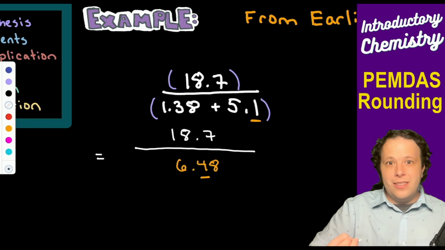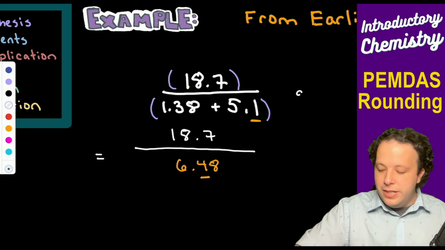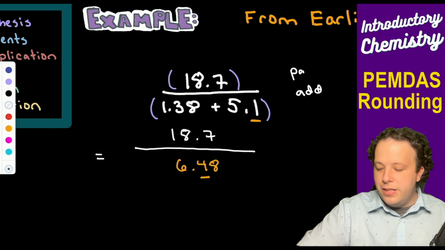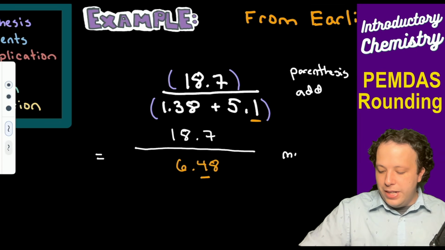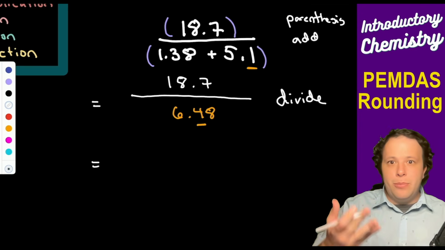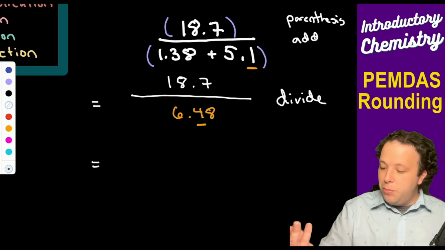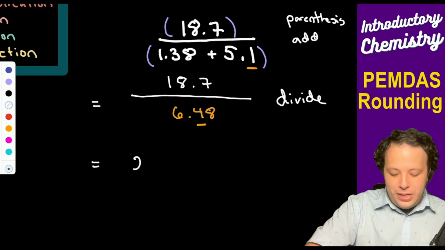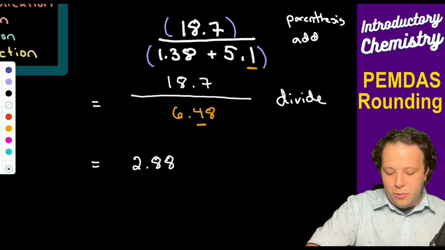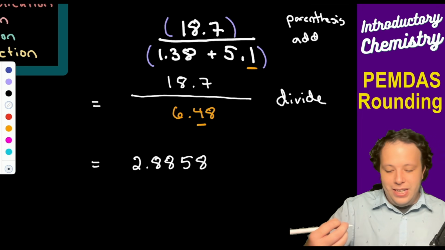Now in our next part, we did addition first, in parentheses. Now we are going to divide, right? So multiply, divide. So when we do this, 18.7 divided by 6.48, what we will get is our answer that we had before, 2.8858.